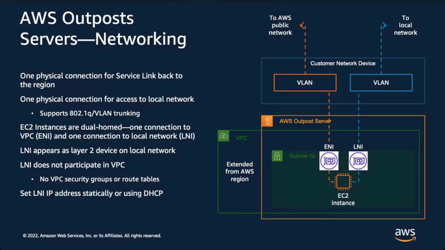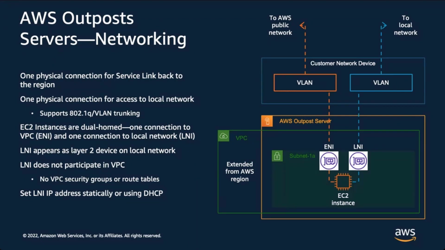So what we've done is we've created a new interface type called a local network interface, or an LNI. It's very similar to an ENI, but it's not exactly the same. So basically, if you think about an EC2 instance, you can liken that to a virtual machine that's dual homed, or a physical server that's dual homed to 2 different networks. So every EC2 instance on your Outpost server is going to have 2 interfaces.